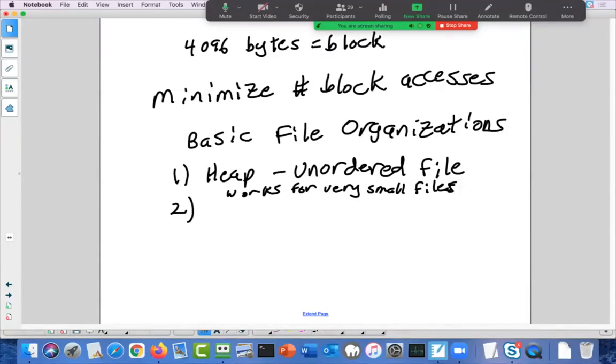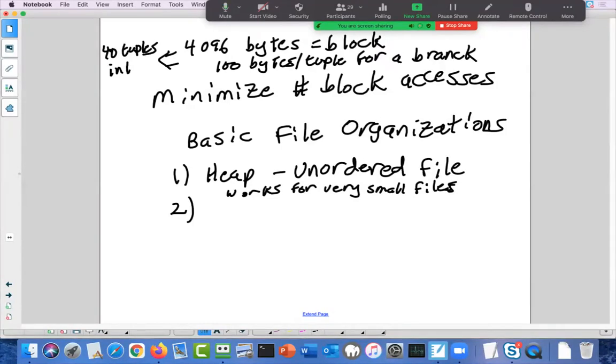If you consider that there would be 100 bytes at most per tuple for a branch, then you could fit about 40 tuples into one block.